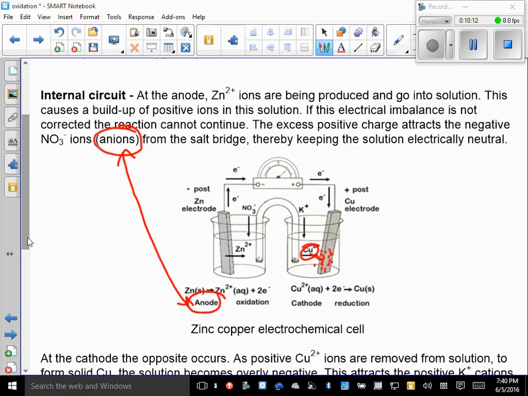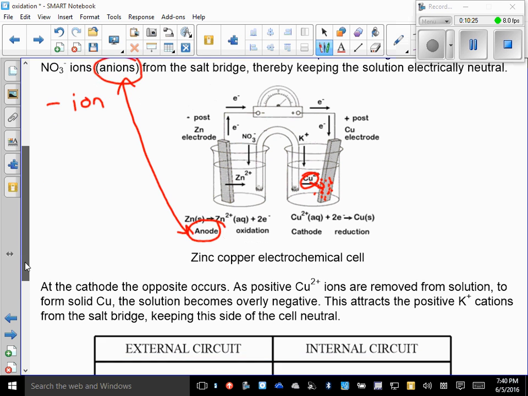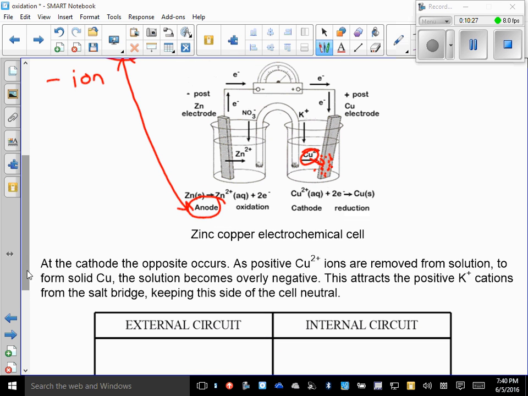So anions are happening at the anode. We have anions coming. Okay. At the cathode, oh, so anion, if you didn't know, was just a negative ion. And then a cation is a positive ion. Anion, cation. Hopefully those are review.